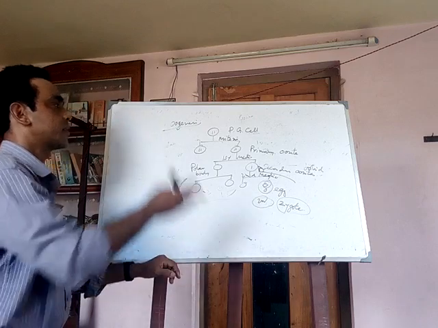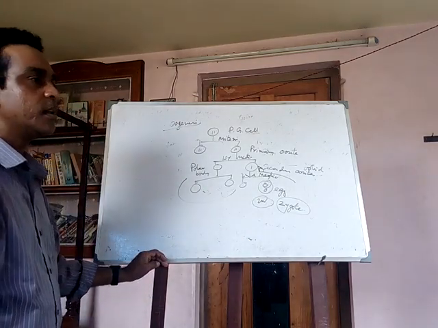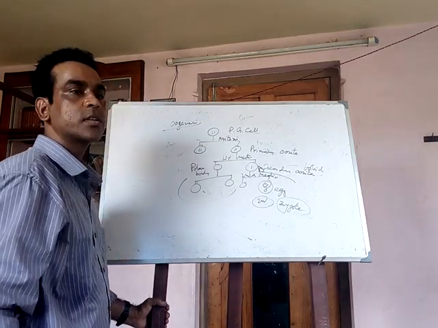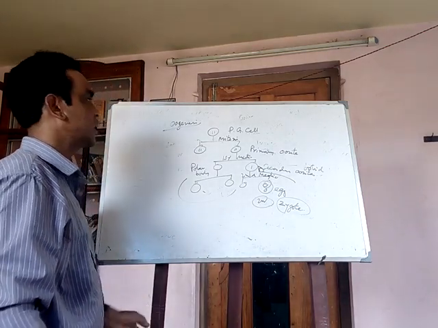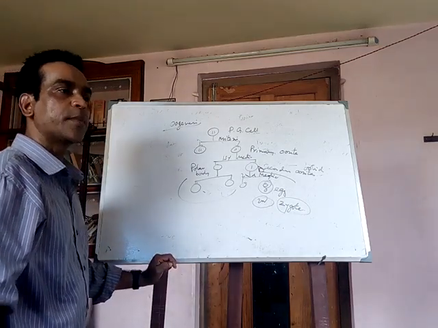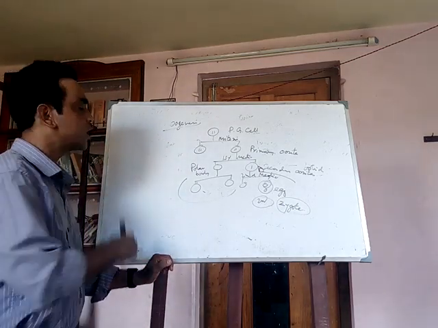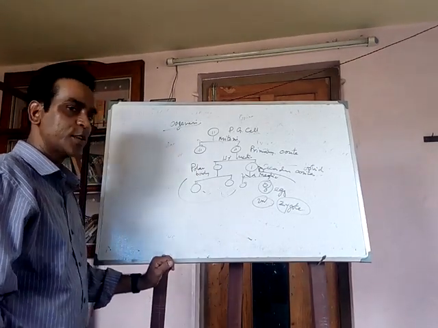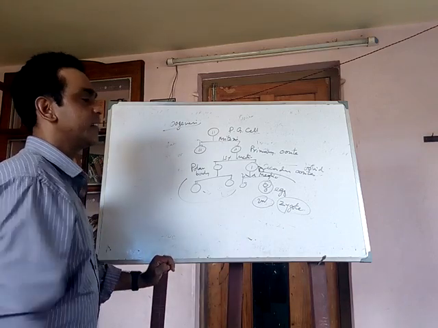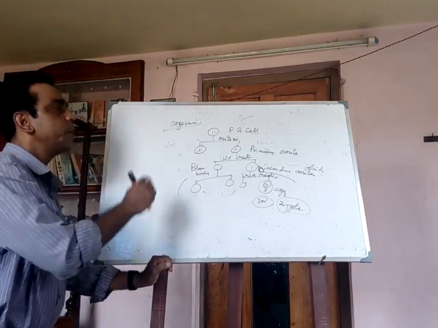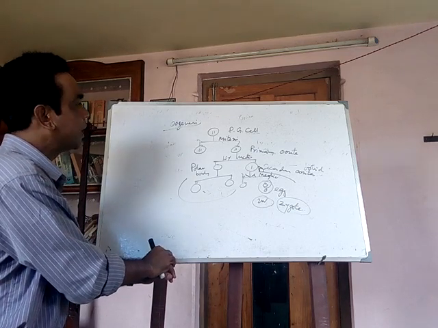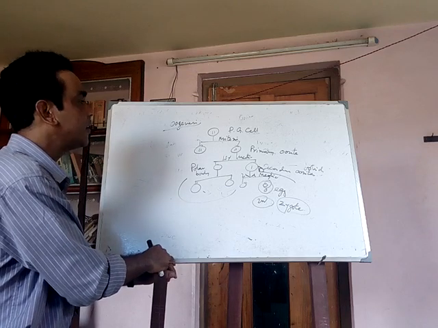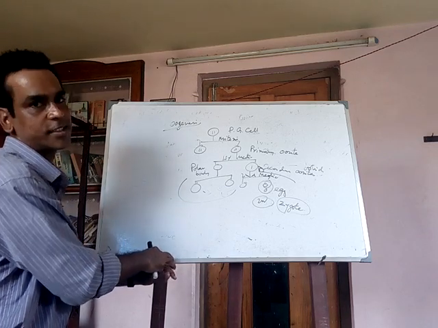In spermatogenesis, 4 haploid sperm are produced, and there are 2 separate phases, spermatocytogenesis and spermiogenesis, whereas oogenesis is a single phase. So I discuss here and complete the male and female reproductive structure and sex organs and their functions, and spermatogenesis and oogenesis. Thank you.